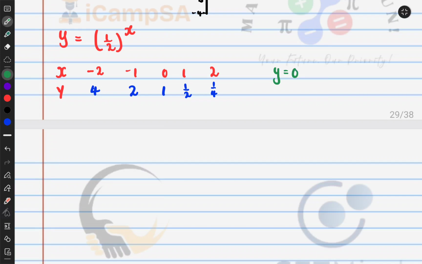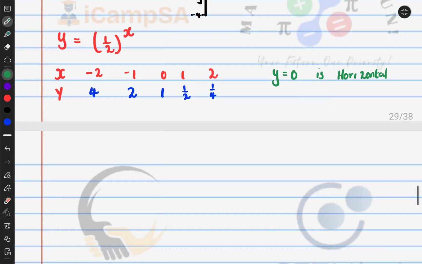And then once again, y is equal to 0 is your horizontal asymptote, because when we let y equal to 0, there are no values of x that we can substitute in order for this equation, which will be 1/2 to the power of x, to be 0.